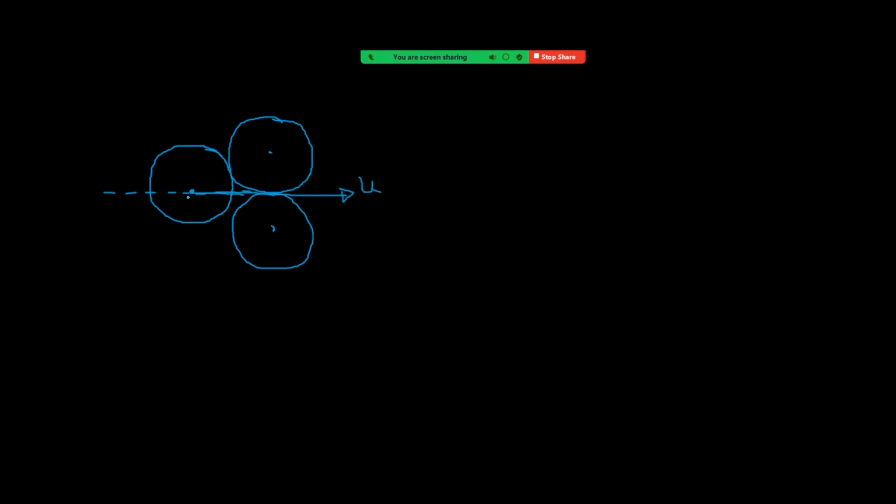Symmetrically means if you join the centers of these three balls, that makes equilateral triangle, right? Now see what we can say. For example, this is x-axis. Initially, these two balls were at rest and this third ball was moving. Therefore, writing LCM, law of conservation of momentum, along x-axis. Okay, then see what happens.